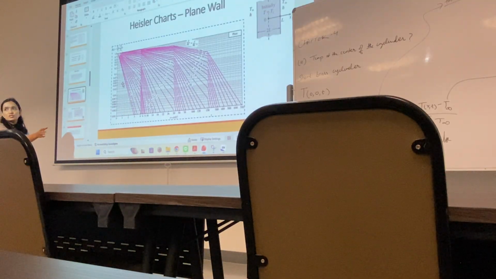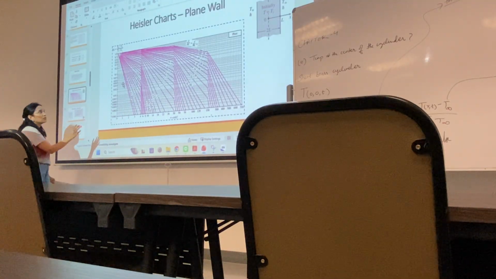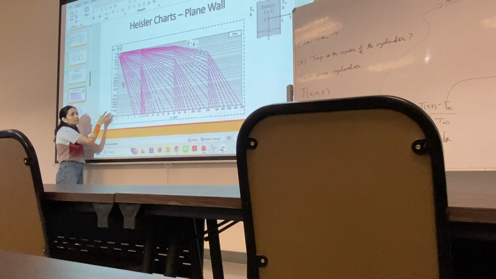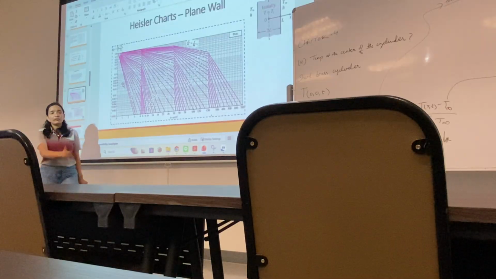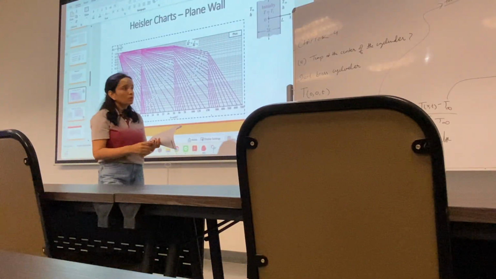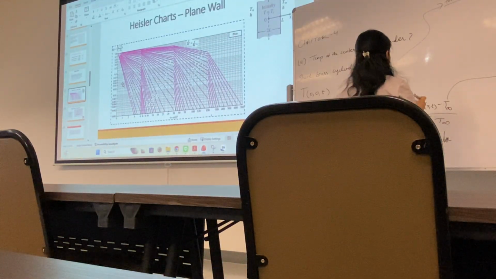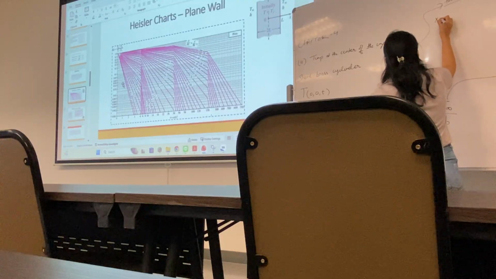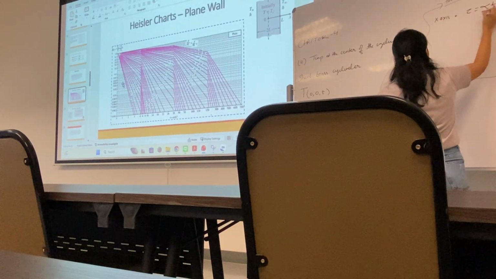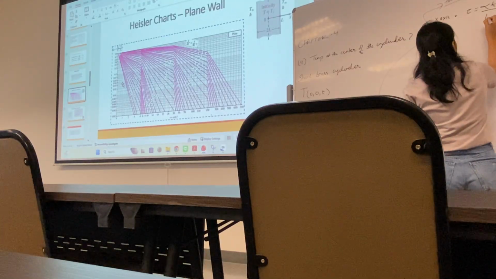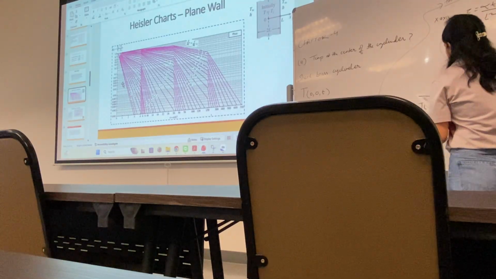If I'm giving you this question with the Heisler chart, it means you have to calculate this. The x-axis and the pink lines you can calculate from the question. So I will show you how. The x-axis is alpha t over L squared.